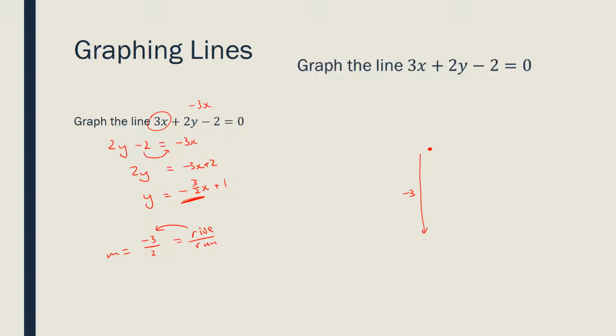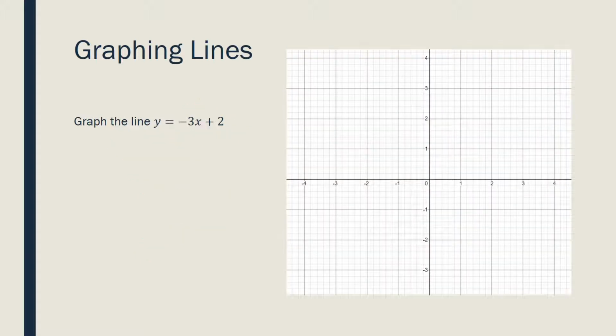And then it's going to run 2, so it goes there. Now we get the point, and we can draw our line across. When you do this, you should use a ruler, and your line should go through both of your points better than mine did here. And then we write 3x plus 2y minus 2 equals 0, because that's the name of the equation.